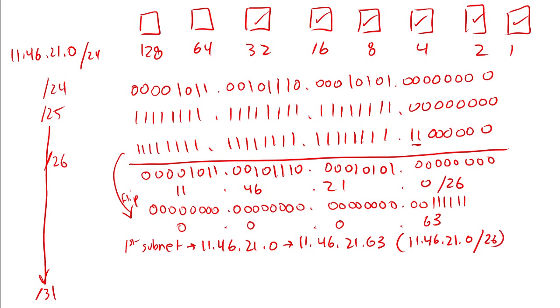So now we can take this address, the .63, so we know the next available network is .64. So the next available is 11.46.21.64.